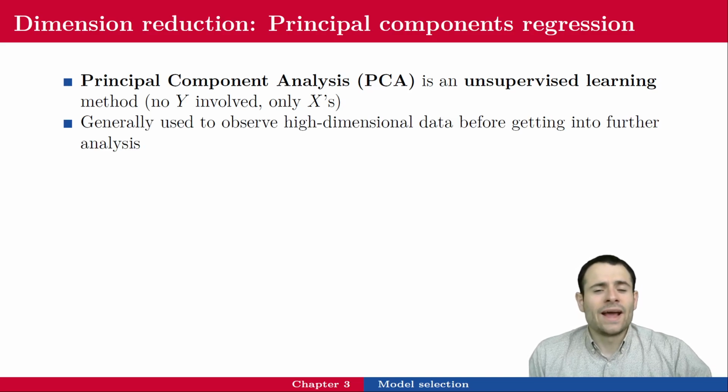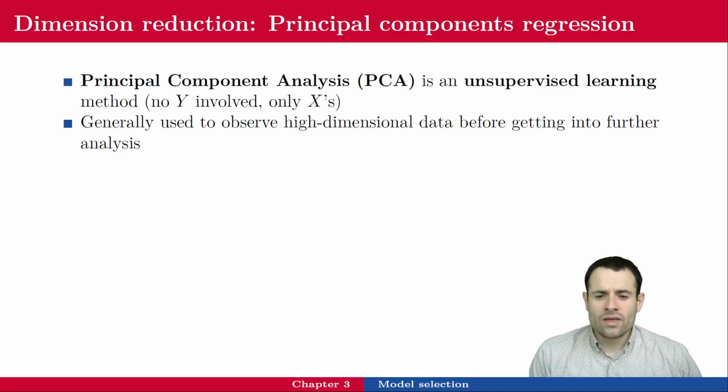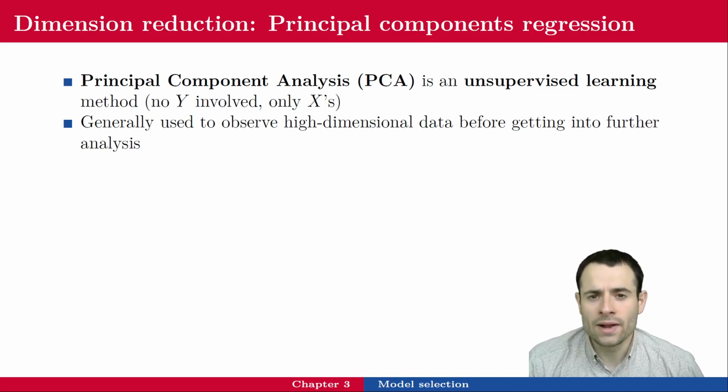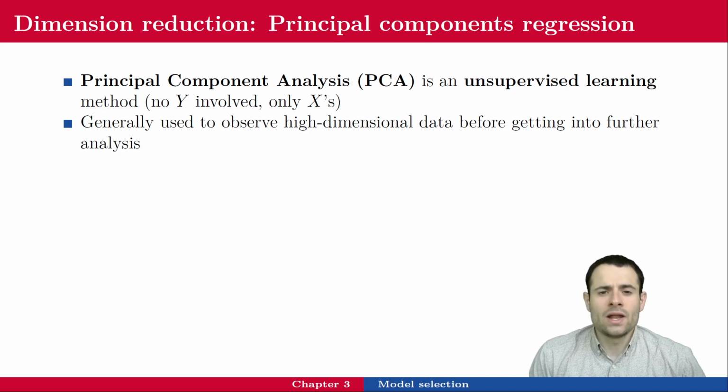It is used extensively in statistics because it can be used to observe high dimensional data. We can summarize those high dimensional data with a certain number of features that we can actually plot on a graph. And this will give us some ideas about what are the main sources of variance, the main sources of correlations, and so on and so forth.